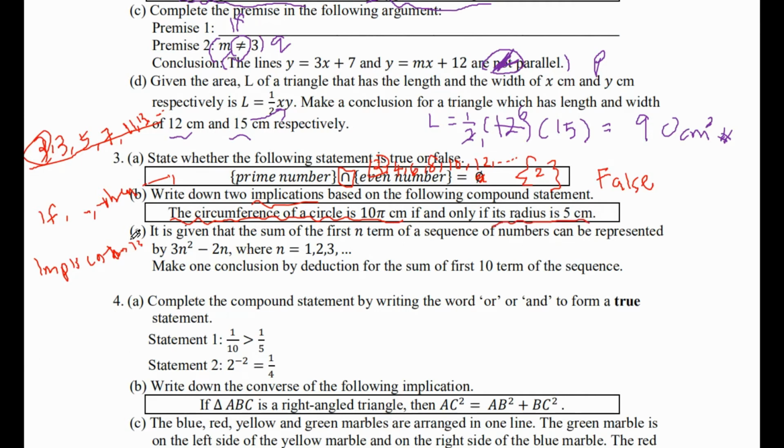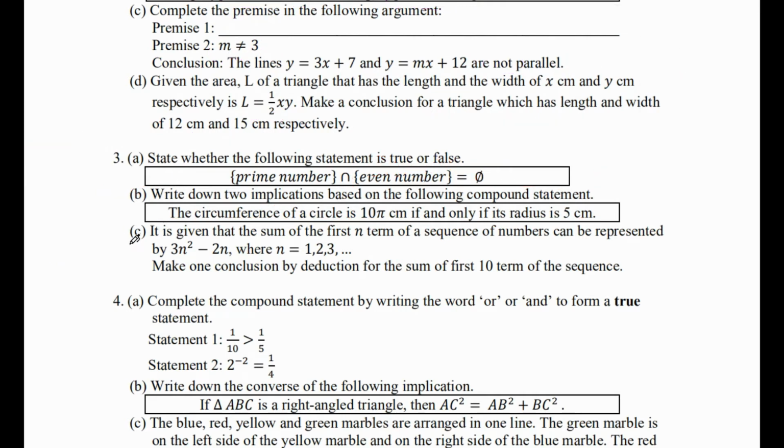This is implication 1. Implication 2, we switch them. So if the radius of a circle is 5 cm, then the circumference of the circle is 10 pi cm. This is for B.